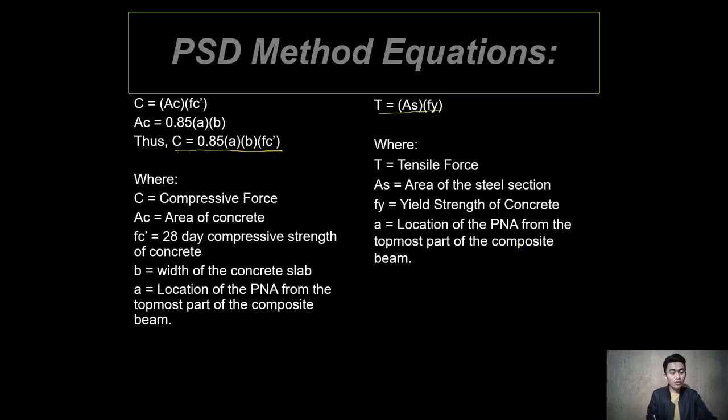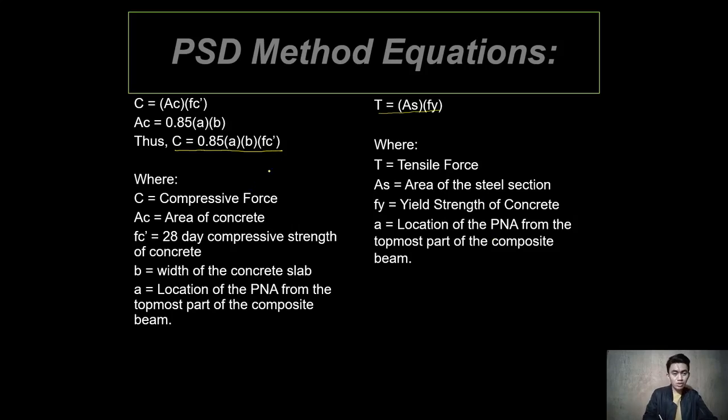The location of your plastic neutral axis is very crucial if you are trying to determine the nominal moment strength of your composite beam. All right, other equations will be introduced as we go through our discussion.